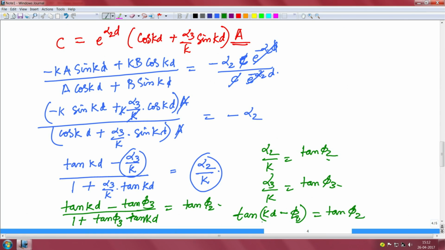So, we can equate tan of (kd minus phi 3) with tan phi 2 and add an arbitrary periodic constant m pi. So, the solution can be represented as kd minus phi 3 equals phi 2 plus m pi, noting that the tan function is periodic with a period pi.